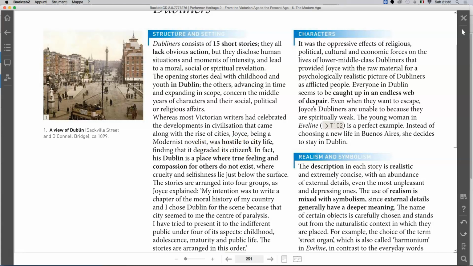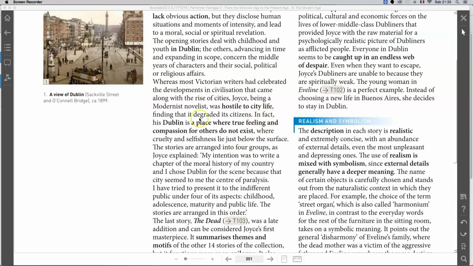He found that city life was a kind of degradation for its citizens, and had really bad effects on them.